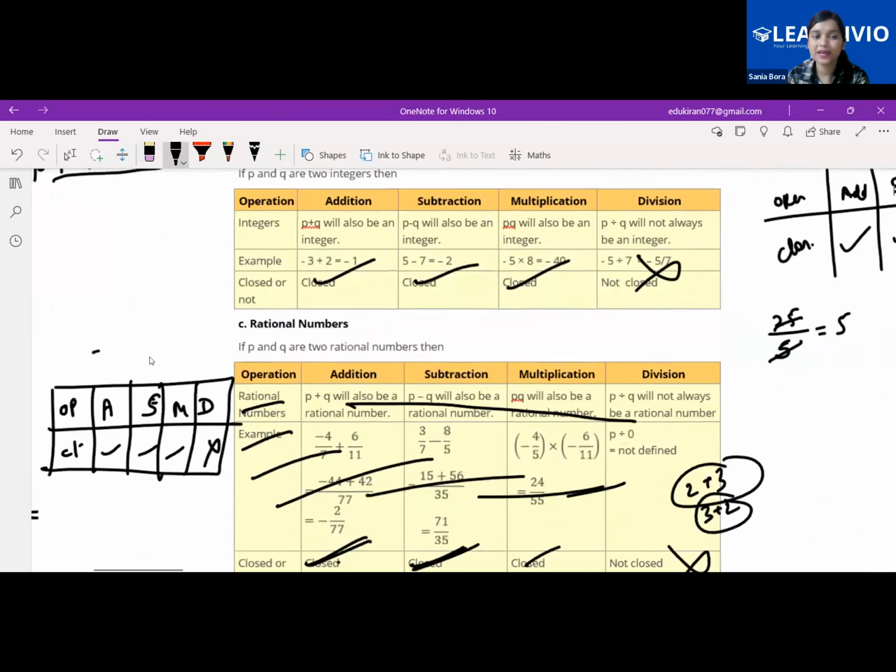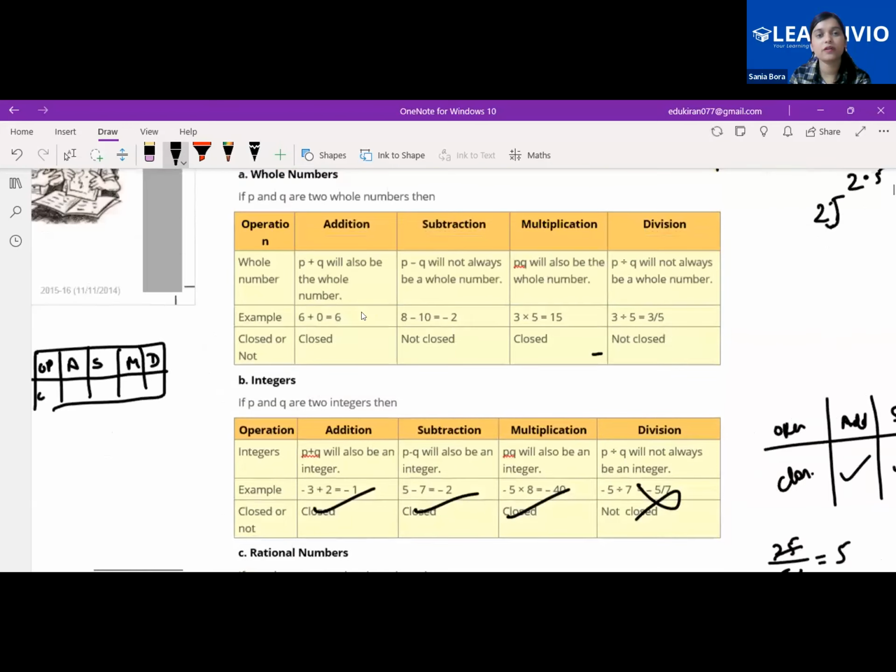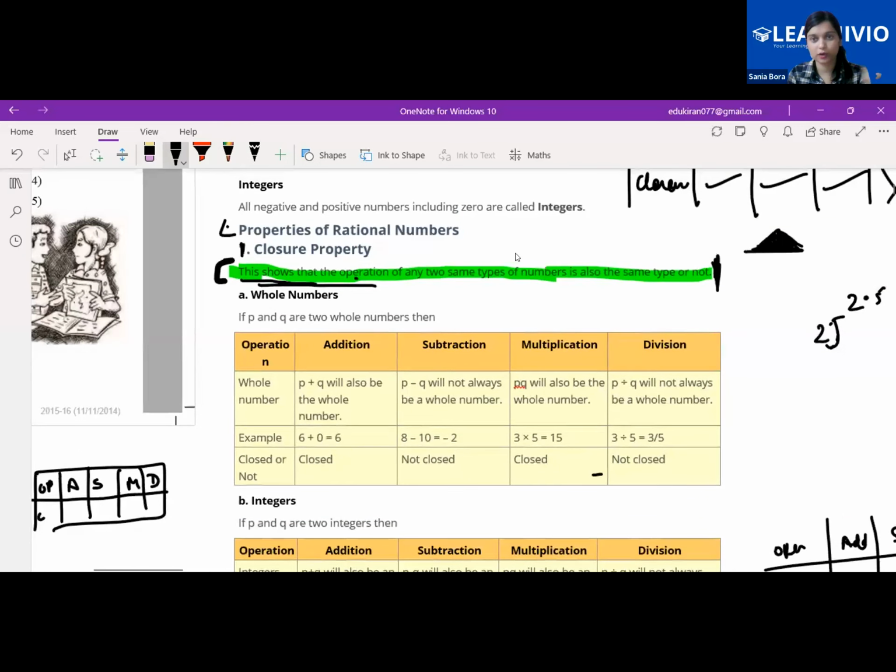Then make a table like this: operation, addition, subtraction, multiplication, division. And here write closed or not closed. Tick, tick, tick, cross. No need to do these two. Got it? Yes, ma'am. So now everybody first write this and then I'll scroll down to the table.